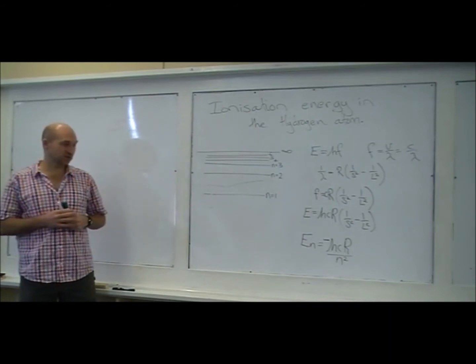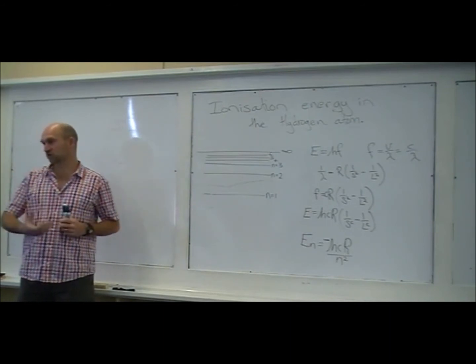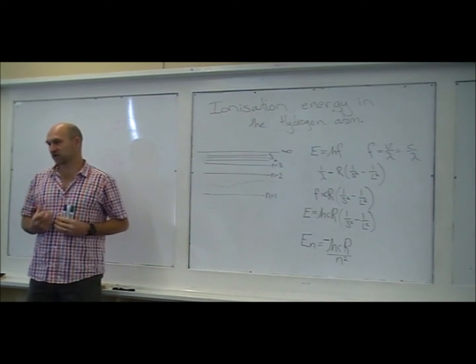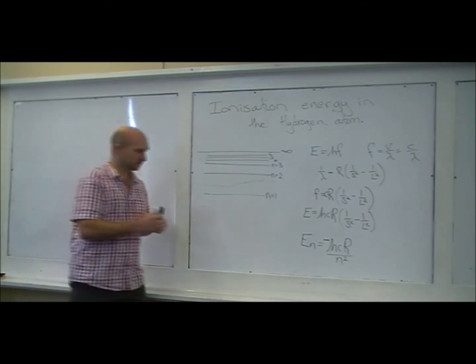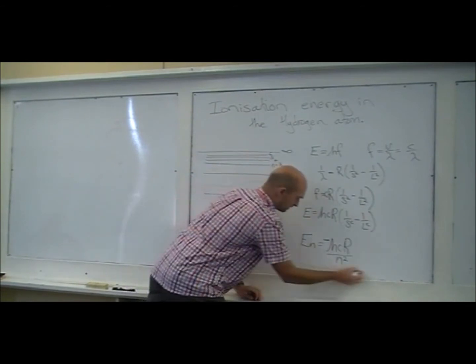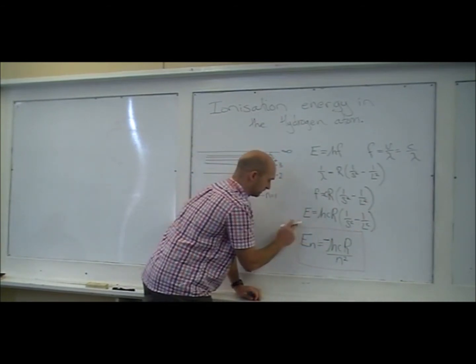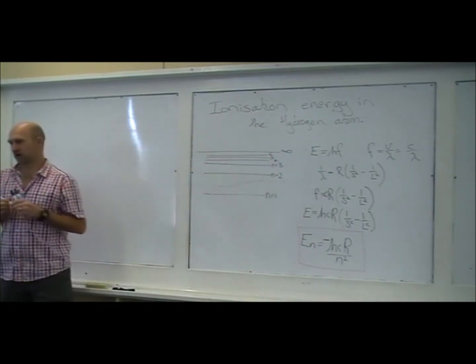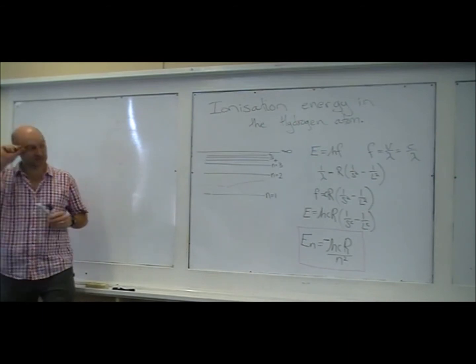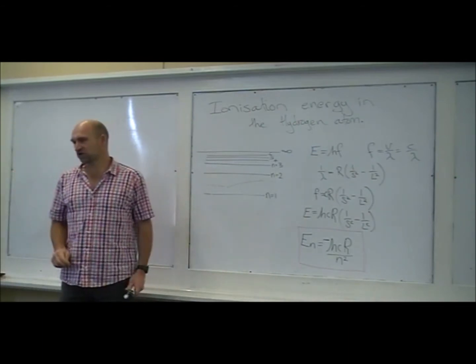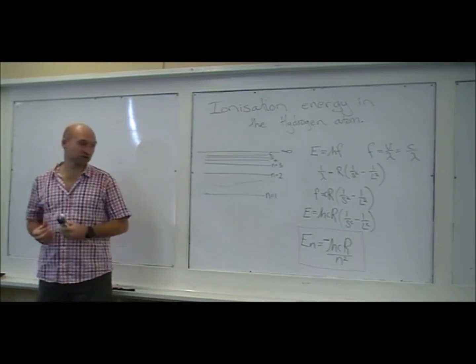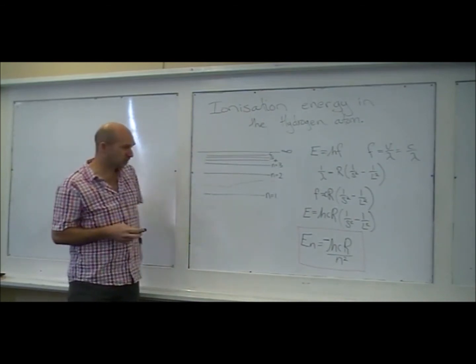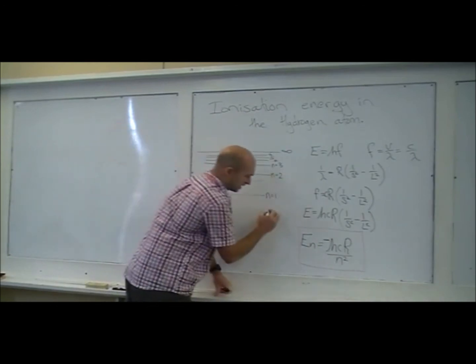Once it gets up to energy level infinity, it's got zero binding energy, it's not bound to the atom anymore. So that's what our equation looks like to tell us the ionisation energy of any of the energy levels of the hydrogen atom. And the minus, that's the critical thing.